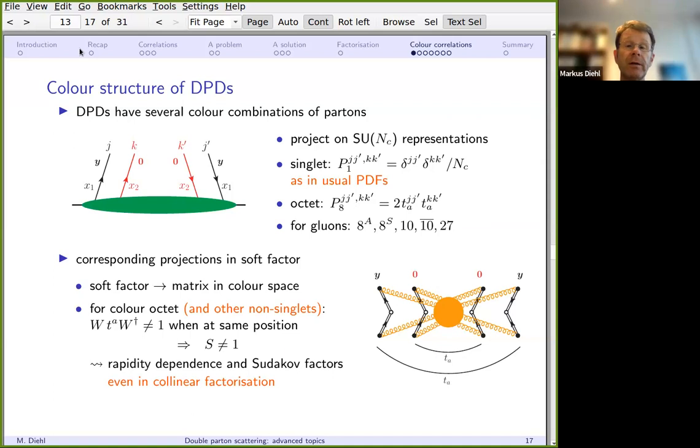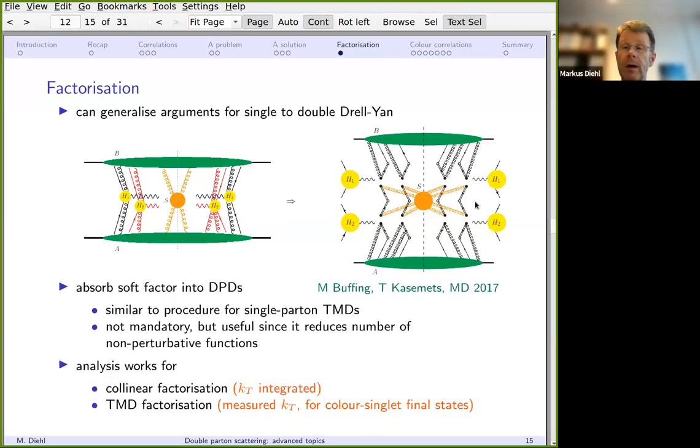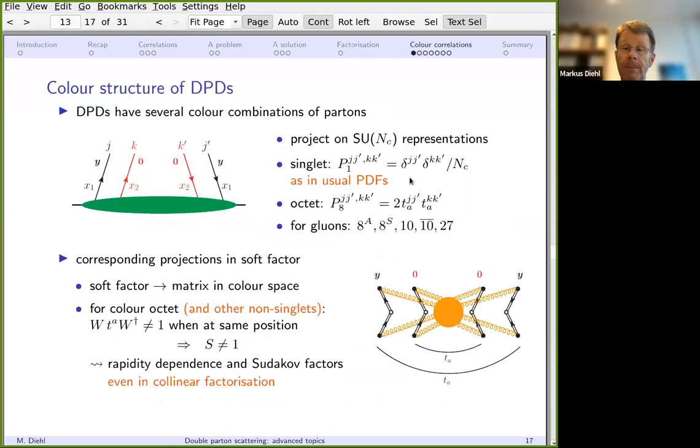Now we have projected the color of these partons in the DPDs. We should also do the same for the color indices of the soft factors that these DPDs are related with, in the sense that you can guess from this graph here. If you have, for example, the color octet, you would have a Wilson line here.